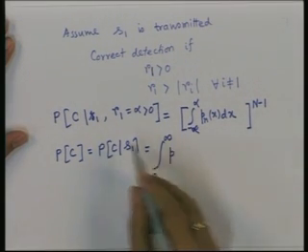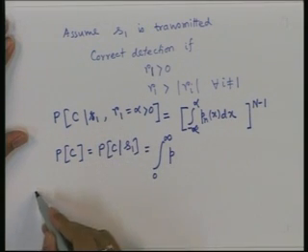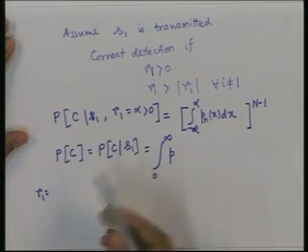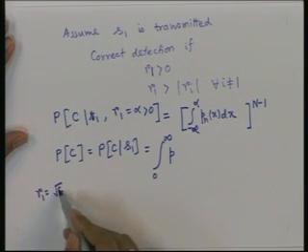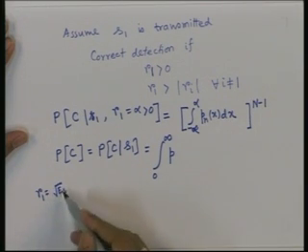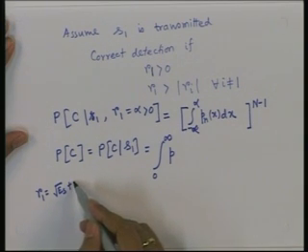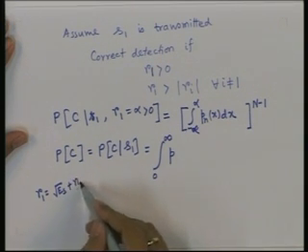So, now R1 is nothing but the first component that was transmitted, root over Es, plus N1.